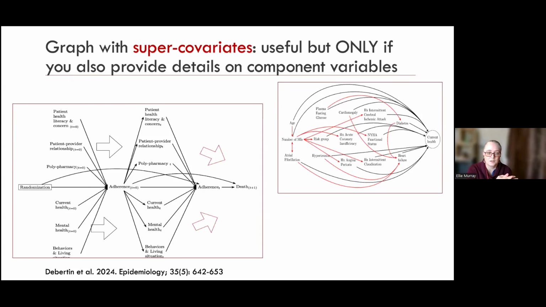So this is for the Coronary Drug Project study. Here, on the skeleton graph, we say, okay, well, current health is a variable that might predict adherence at baseline. And what does that actually mean? Here's the mess of covariate links that we think goes into current health.